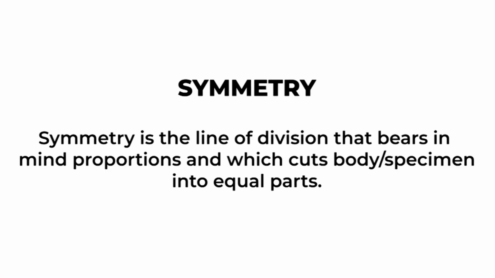So now let's look at symmetry. You've heard the term symmetry. What is symmetry? A very important term in biological techniques. Let's define symmetry. Symmetry is a line of division that bears in mind proportions and which cuts a body or specimen into equal parts.